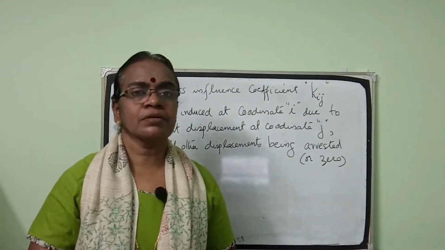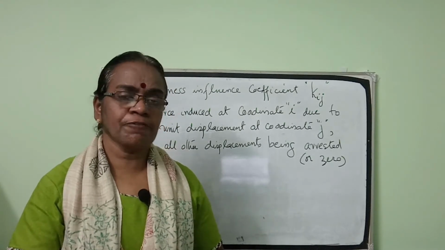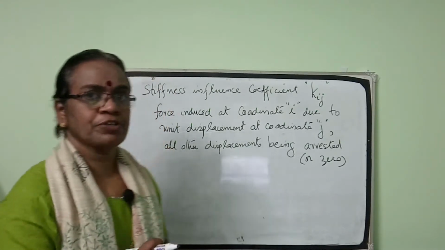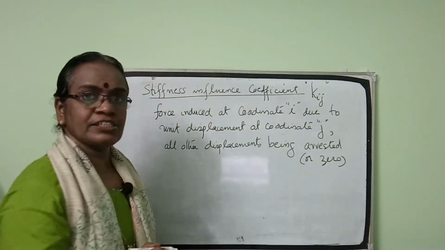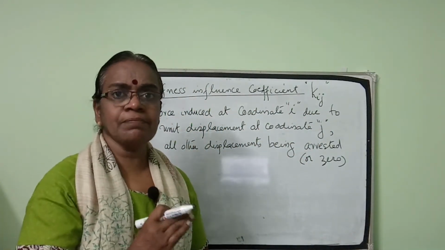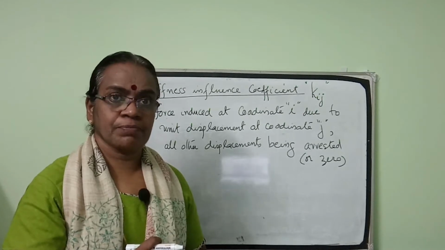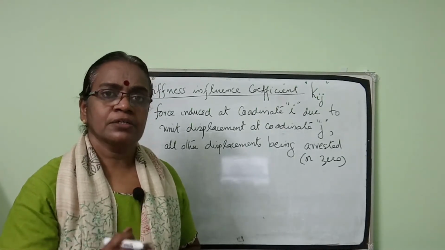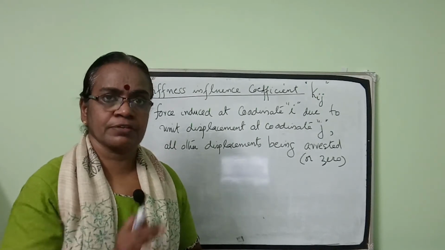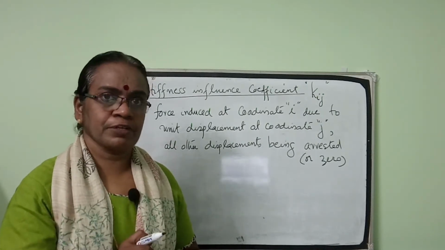So let us define what is stiffness influence coefficient. The stiffness influence coefficient Kij are the elements of the stiffness matrix. So if you want to formulate the stiffness matrix, we have to arrive at the stiffness influence coefficients, each term of the stiffness matrix.